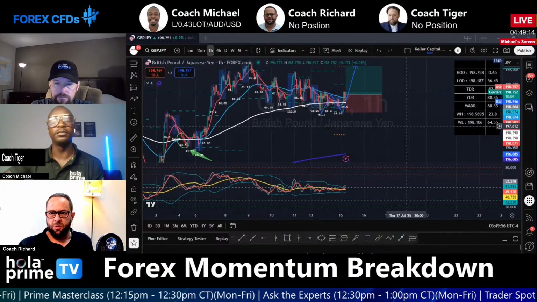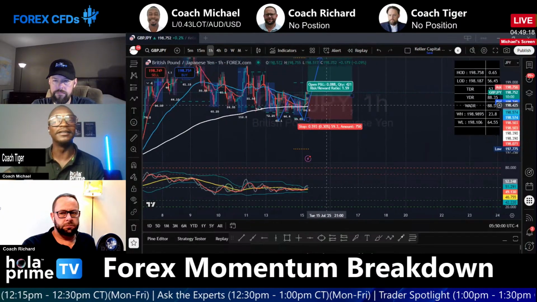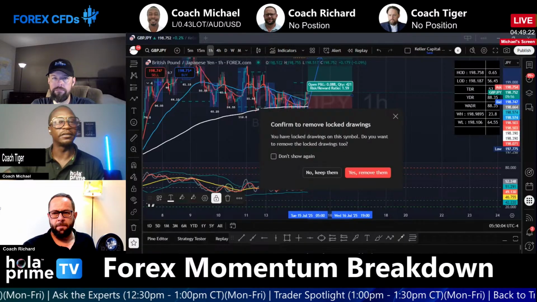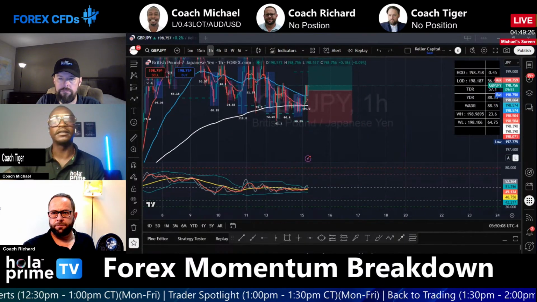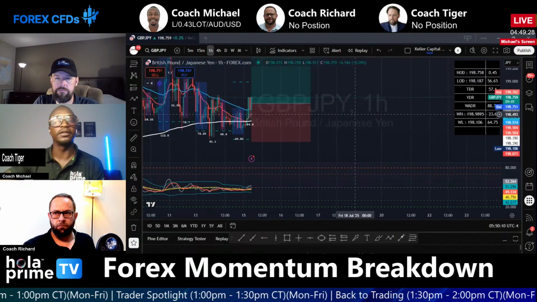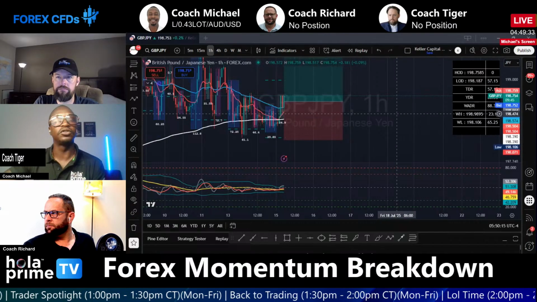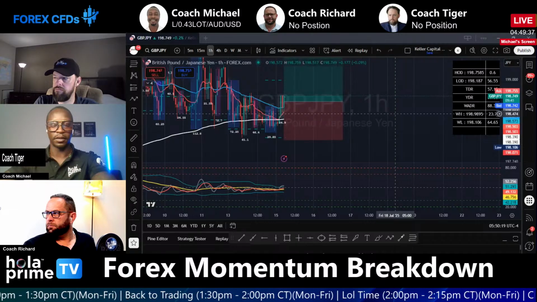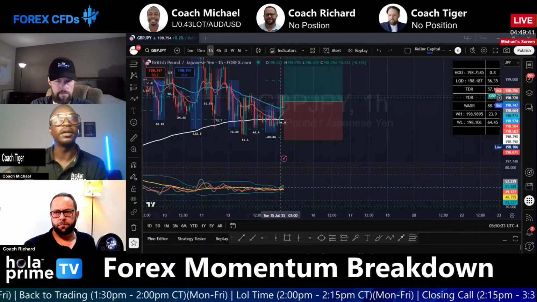What'll give me super confirmation is if this closes above this last candle. So how it is now, this is a lovely candlestick pattern inside of a pattern. This green one closed above.